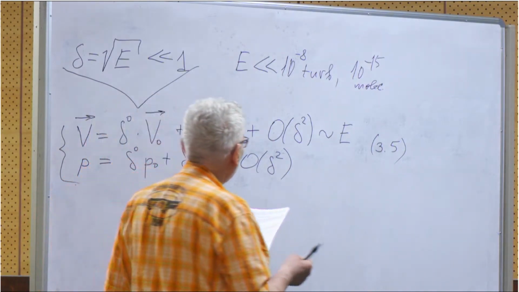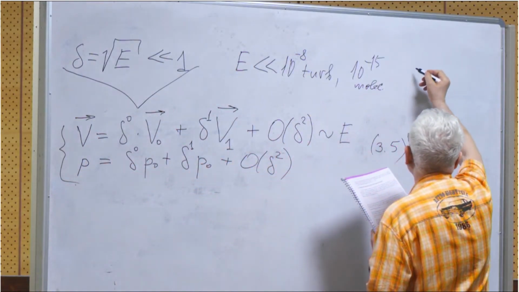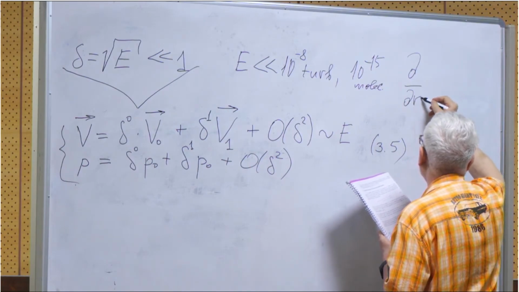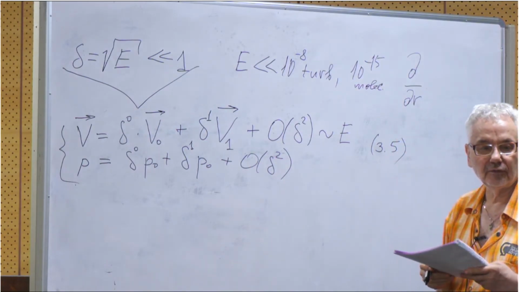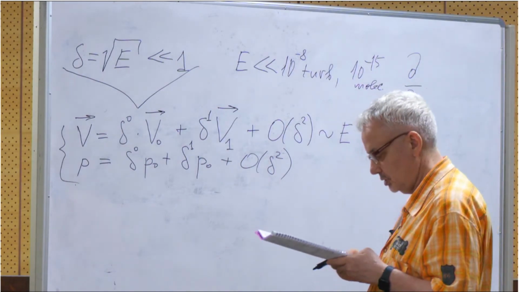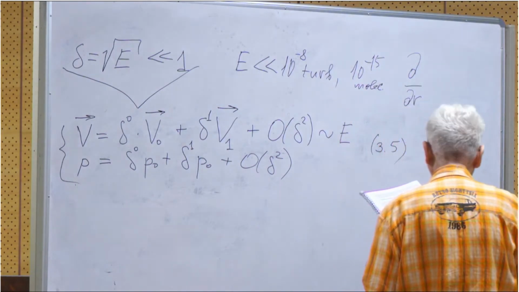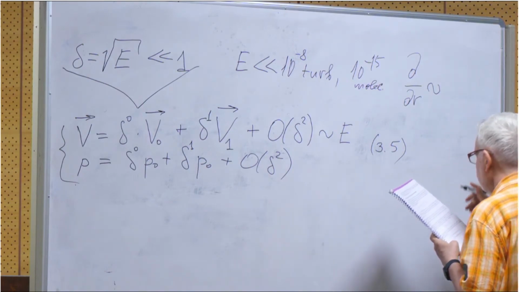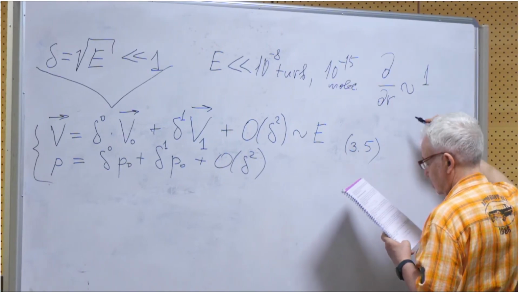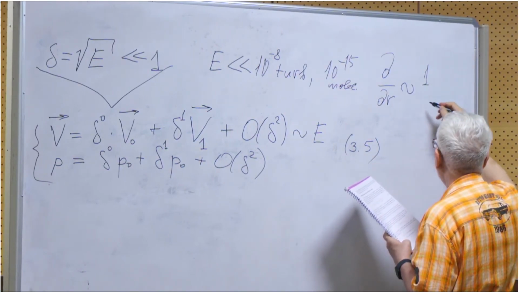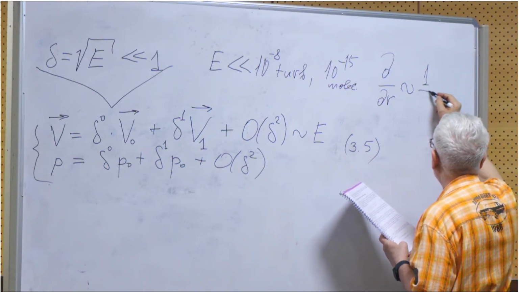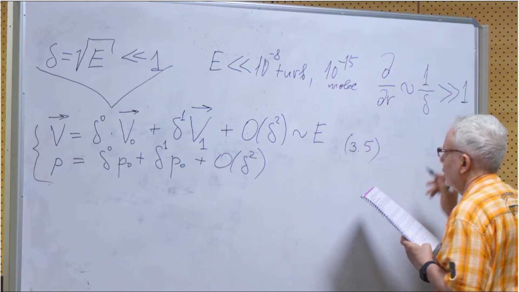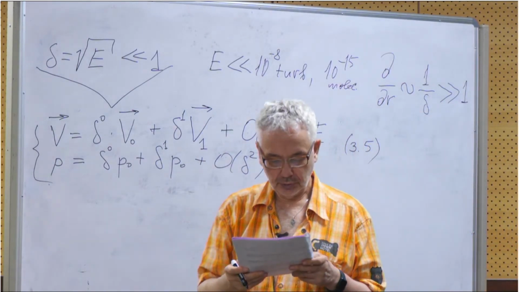So formally, taking derivatives in the r direction near and at the boundary layer will be of order of magnitude 1 over delta. And this is much more than unity, and it is of course compensated by the viscous force.